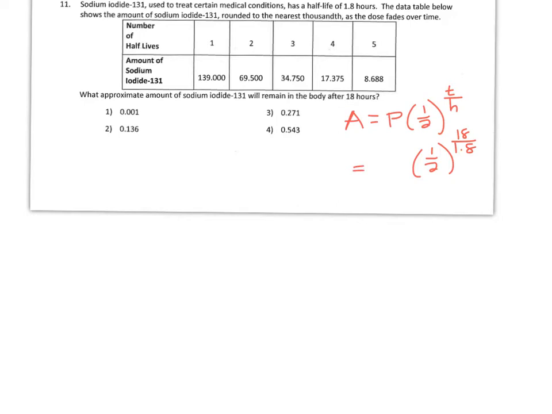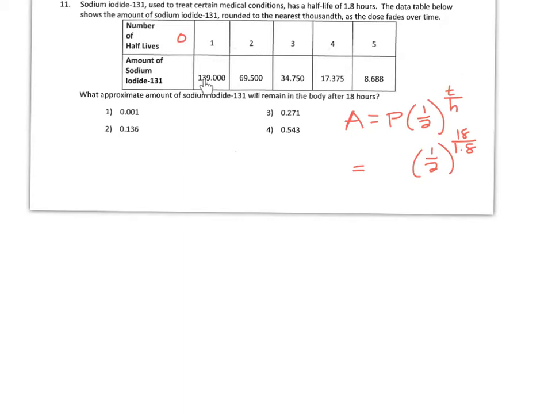Okay, now P stands for the initial amount. Now if we look at our table here, it says that after one half-life, 139 units of this substance remained. So before that half-life occurred, wouldn't there have been double of this? If this chart had another column for 0 half-lives, you would have to double this amount.